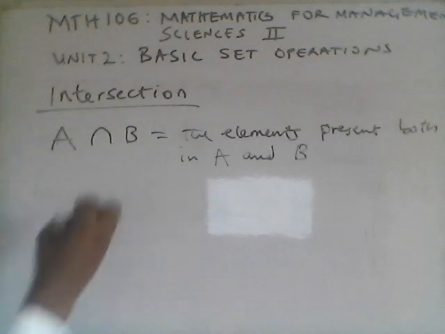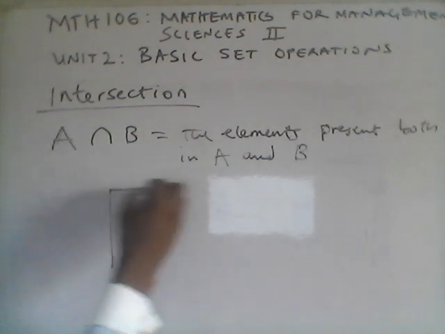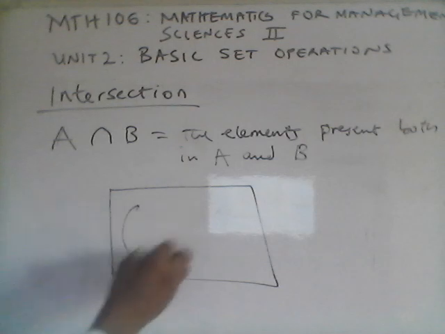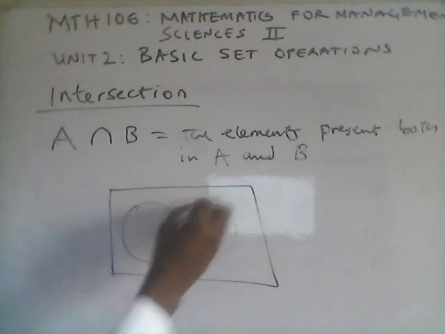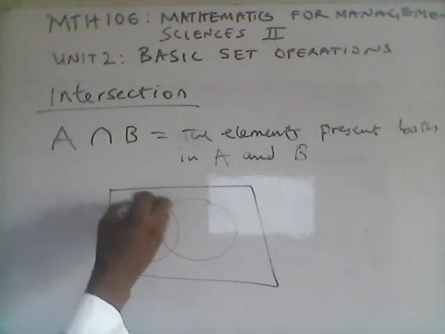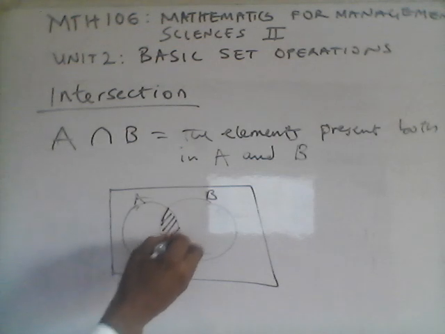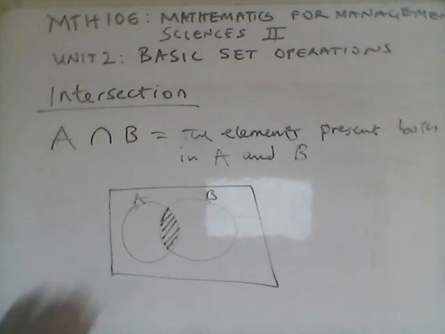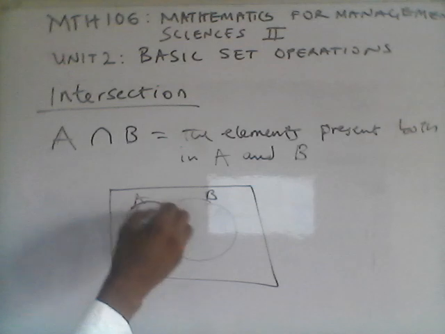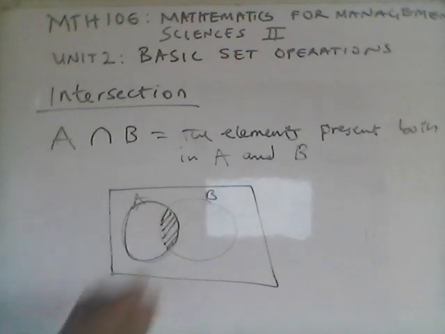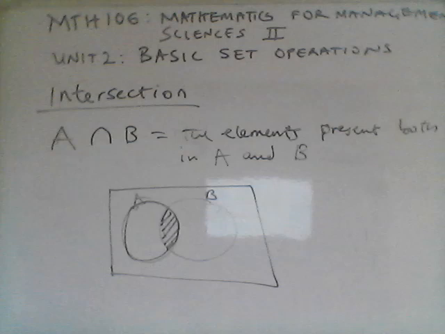So by Venn diagram, I have A and B. Intersection is actually this part. That means there are elements inside of A that are inside of B at the same time. So that's this intersection.